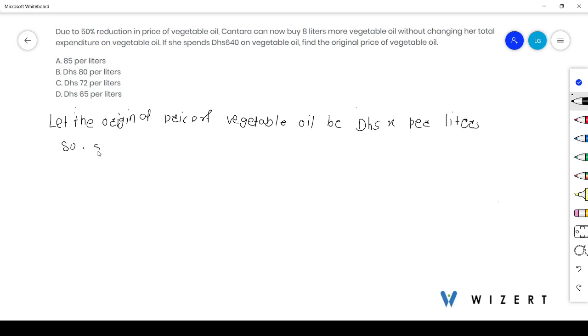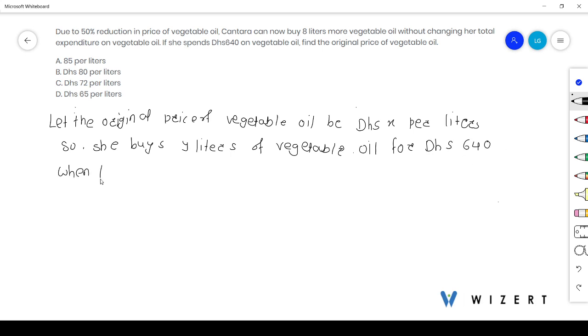So, she buys Y liters of vegetable oil for 640 dirham.